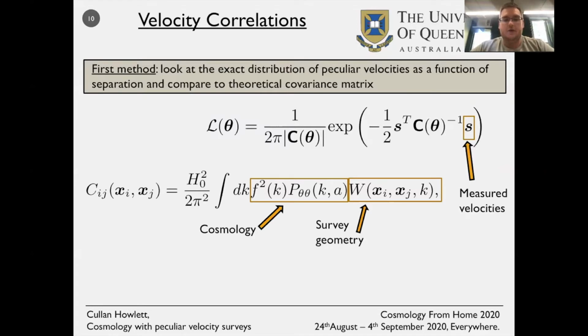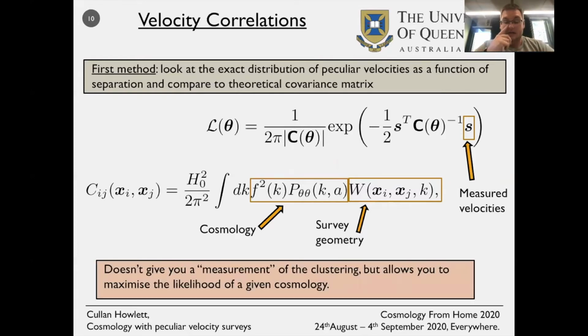And so what you can do is, if you want to infer your cosmology from your measurements, you can choose a set of cosmological parameters. You can calculate this covariance matrix. You can substitute it into the likelihood and calculate the likelihood for that cosmology given your data. And you can do that iteratively for any number of cosmological parameters. And so while this doesn't give you a measurement of the clustering in the sense that you can plot it, it does allow you to maximize the likelihood of a given cosmology.